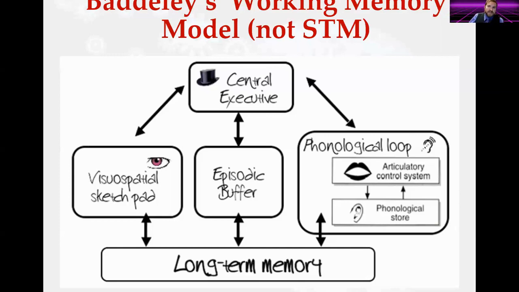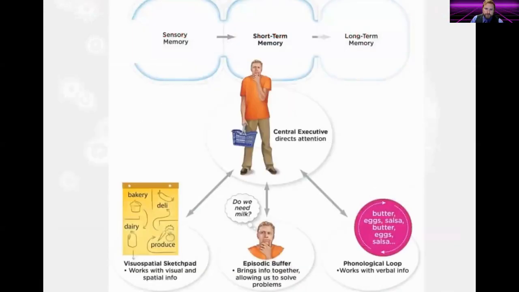You're the CEO of yourself, meaning you direct your attention to wherever it needs to be. So you see these lights, you hear the sound, you might turn your head to see what it is, where the sound is coming from, or how far away that is from you. And so all of this is sort of working in long-term memory. So that's another way of looking at the sensory memory, short-term memory, long-term memory model.